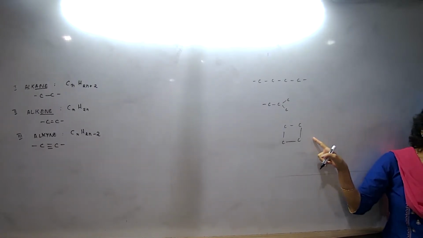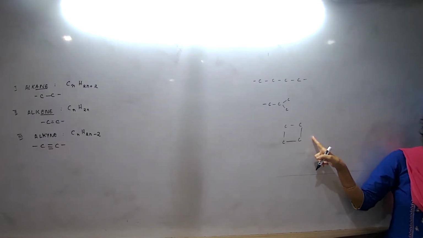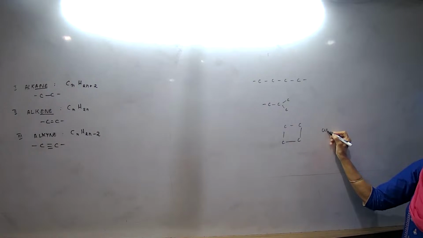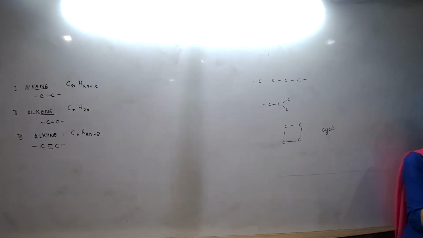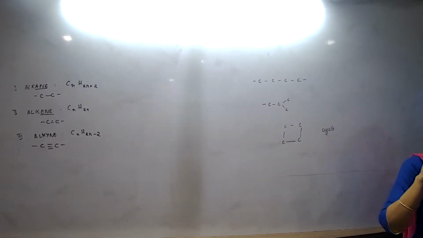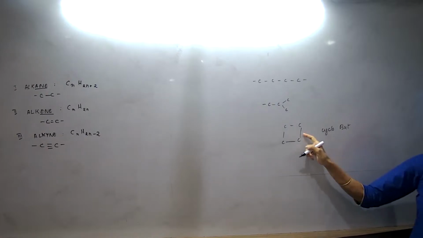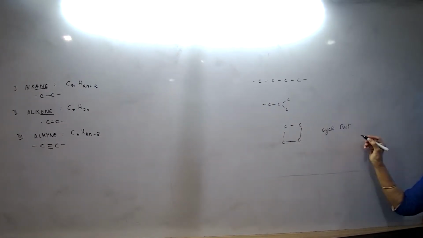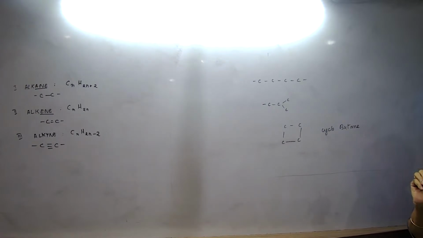This is a closed chain. Have you followed? If it is a closed chain, then we will use this word cyclo, just as a cycle. Cyclobutane. And because there are four, we'll start with but. There are single bonds present, so this becomes a butane. Did you understand?